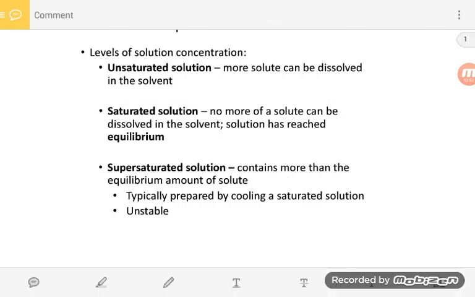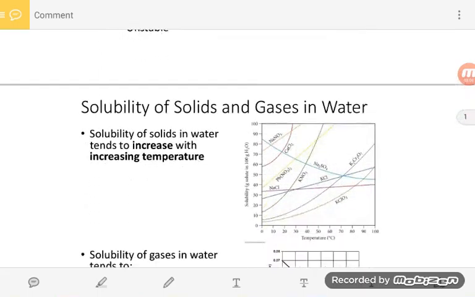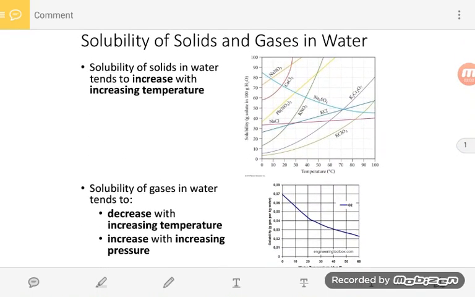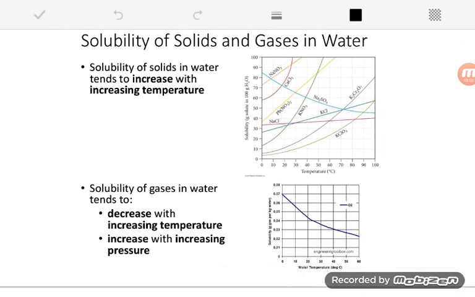We should also realize that temperature does play a role, as I just mentioned for the supersaturated solution. So if we look at the solubility of solids and gases in water, we can see in this chart here that solids tend to become more soluble as you heat them up. So we see temperature is on the x-axis and solubility is on the y-axis. And the solubility, it's kind of funny units. It's how many grams of solute could be dissolved in 100 grams of water.